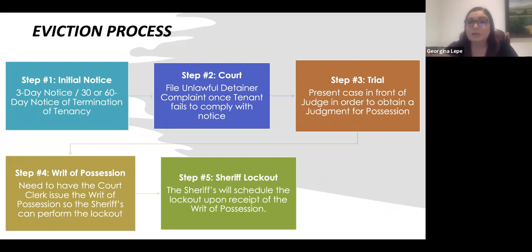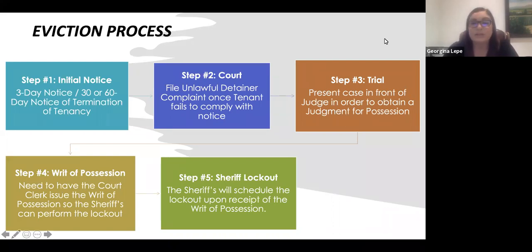The tenant is also afforded an opportunity to be heard. At the end of the trial, if the plaintiff has presented all the required evidence, then the judge will sign a judgment in favor of the plaintiff, indicating that the plaintiff is entitled to possession of the property.